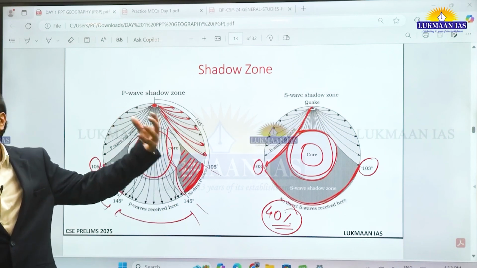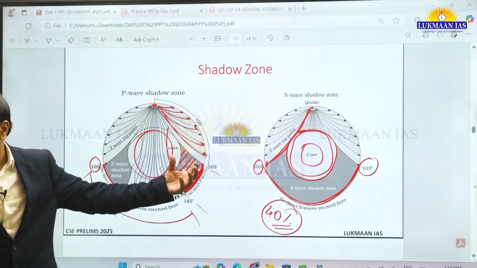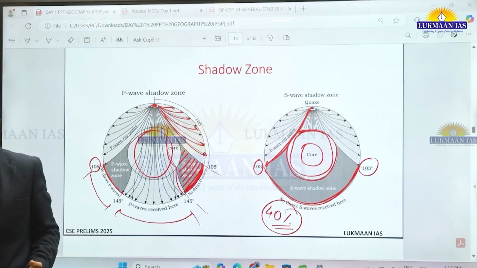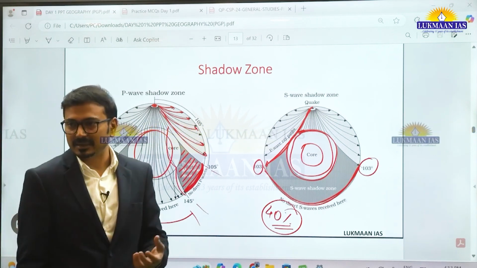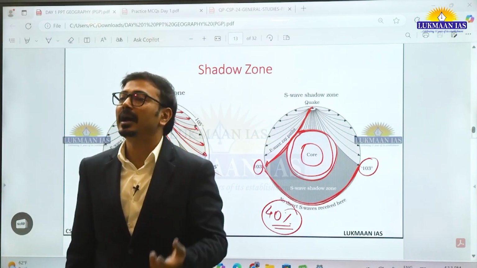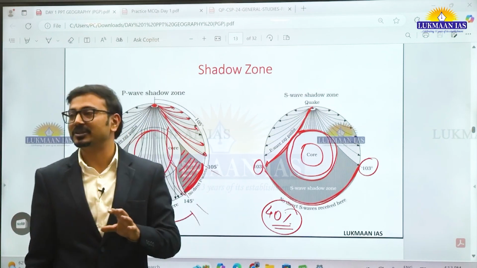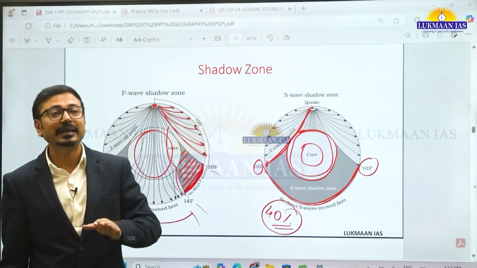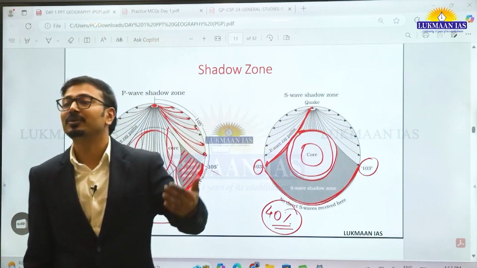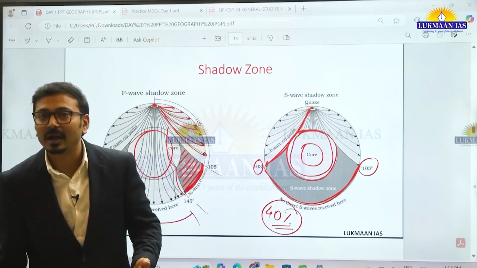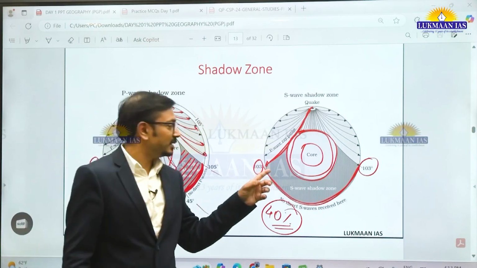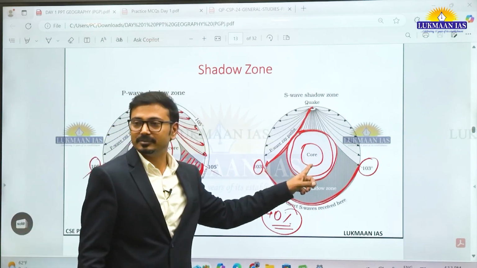Their melting point is very high, and because of that they are still in solid state there, and high pressure on them increases their melting point further. High pressure increases their melting point, and that's why this part remains solid.